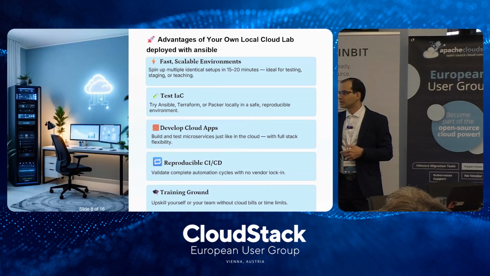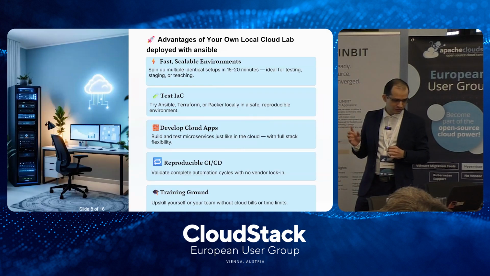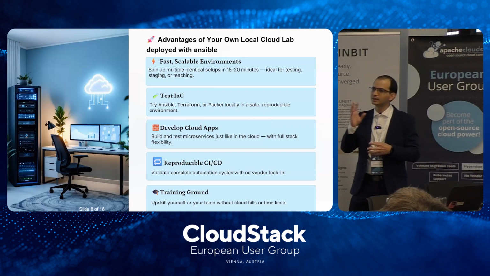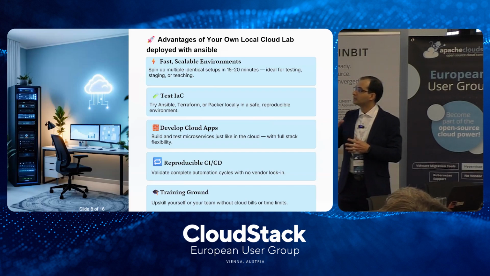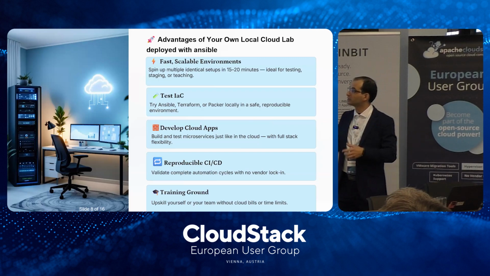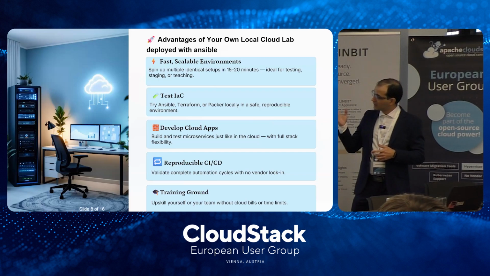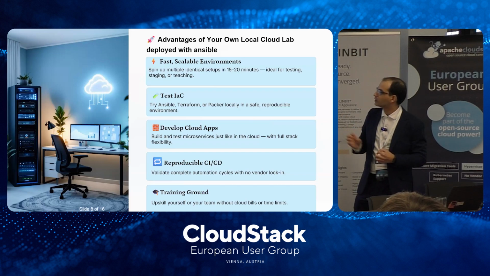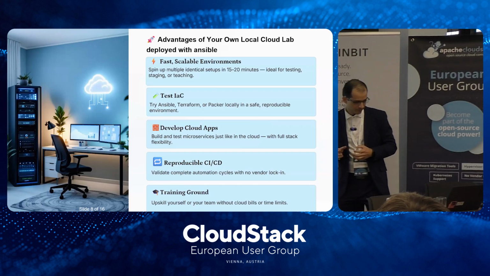Let's say one thing: the plugin for integrating Packer and CloudStack is not fully functional. What we are doing in our case is building the images with Packer on an XCP or KVM host. We upload them to a Nexus, and from there we pull them again with Ansible to the respective environment.